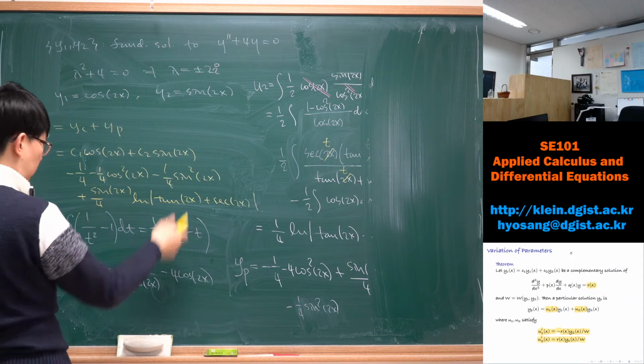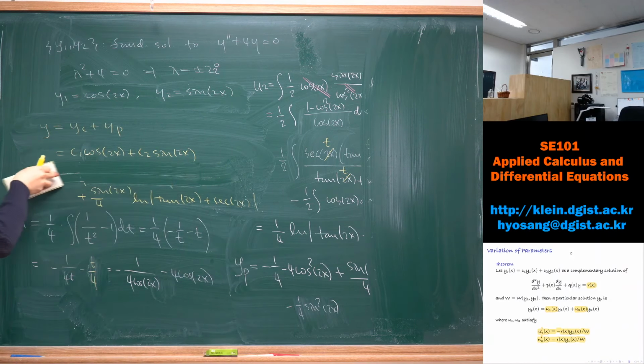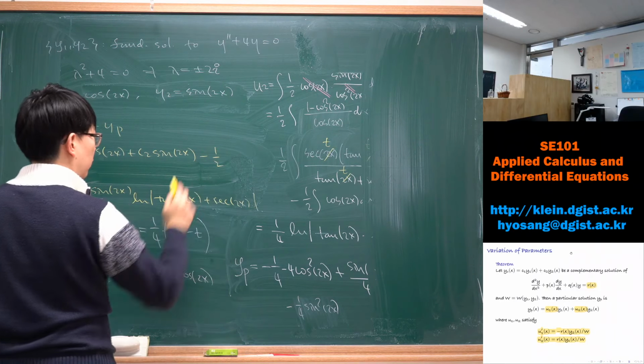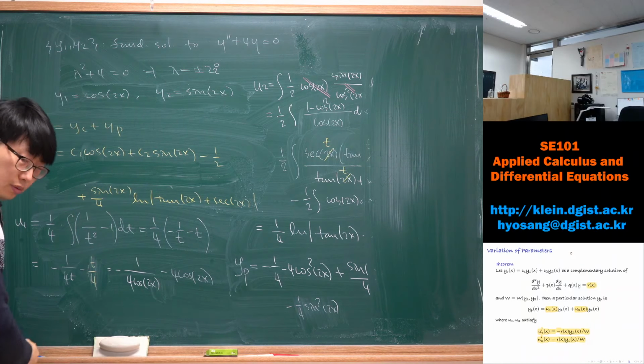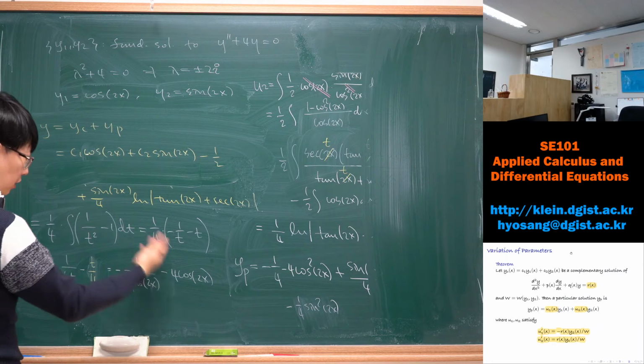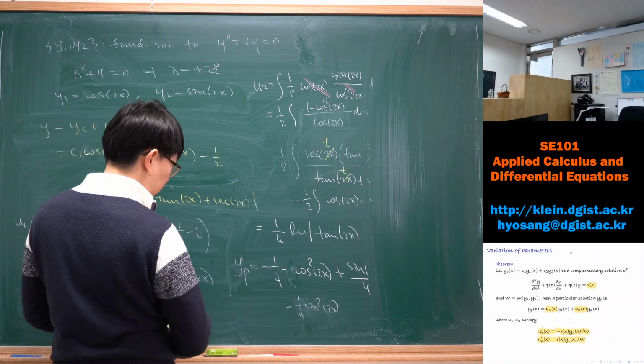Then the terms become combined together. So yes, you're right. So you have minus 2 minus 1 over 2 plus this guy. So yeah, thank you. I had a mistake here, and also there was a mistake in the 1 over 4 here.